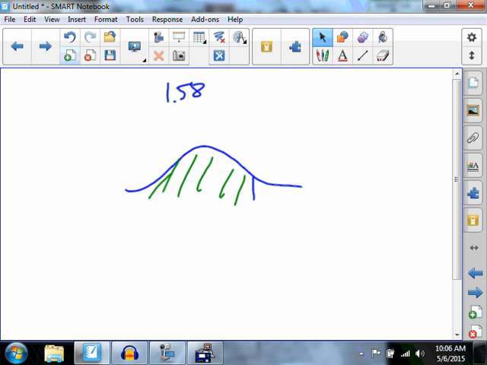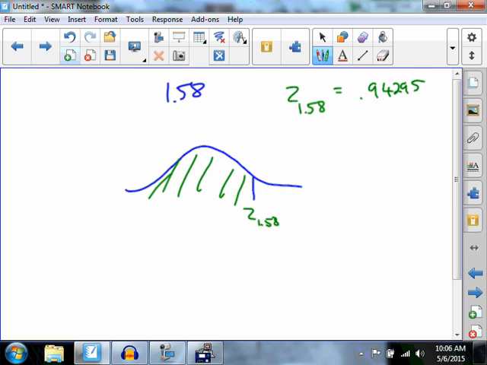Okay? So we could go to the z-score of 1.58 and look up in the table. And we get 0.94295, if I did that right. Now, that's for a z-score of 1.58.